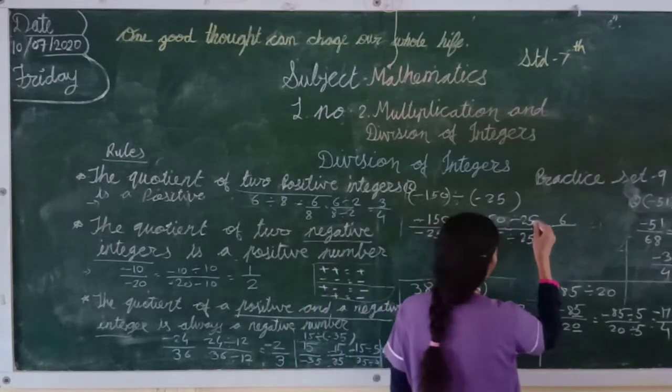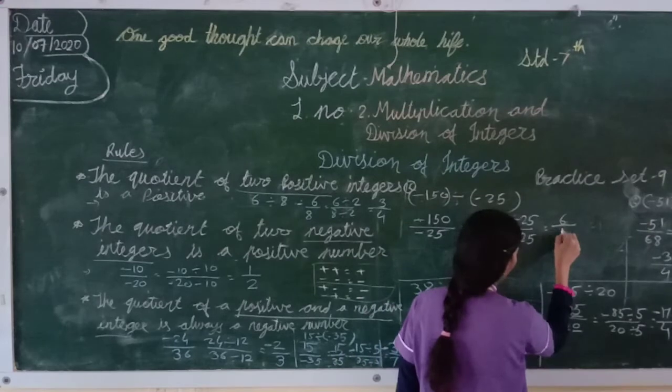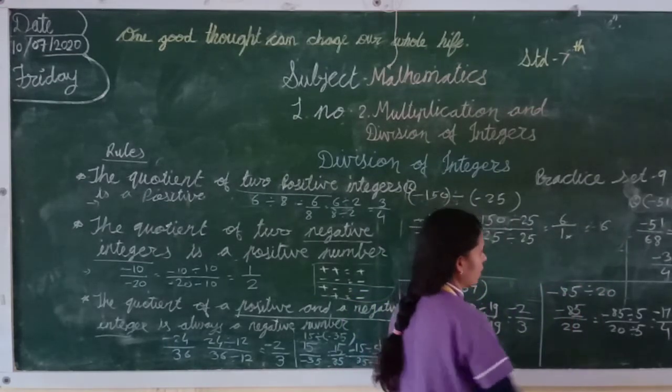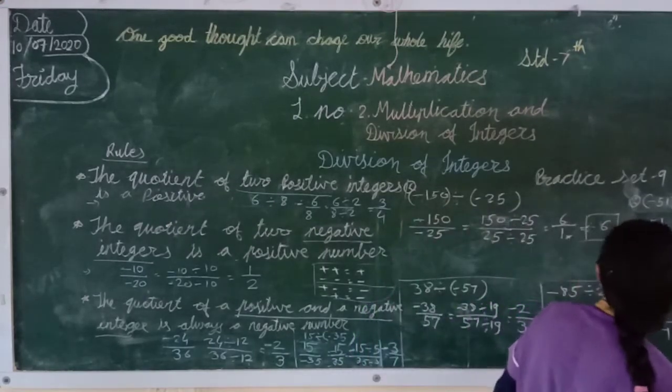Okay, 25 6s are 150 and 25 1s are 25. So we are not writing 1, so our answer is only 1. This is our answer. I hope students you understood.